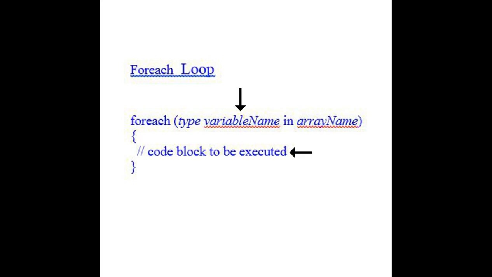Then loop back round, and again evaluate to see if there are any other elements within this array that have not yet been iterated over. As long as there are elements within this array that have yet to be iterated over or have not yet been processed, then they will each in turn get passed into the variable.